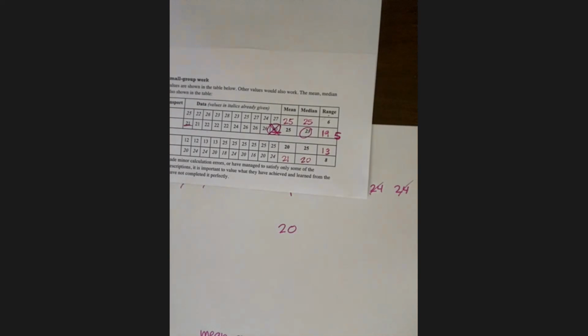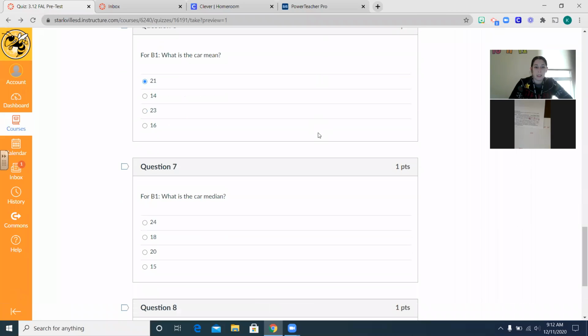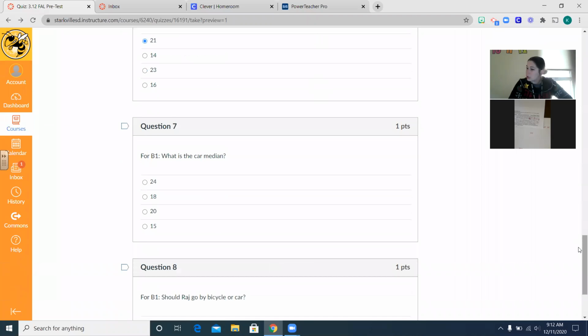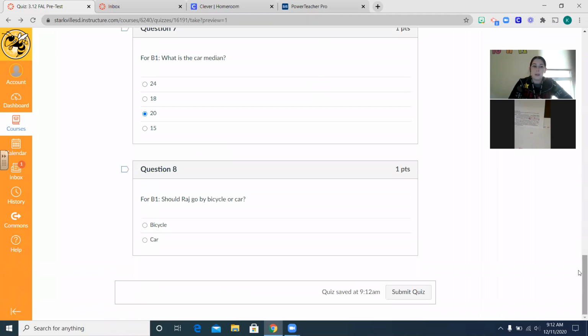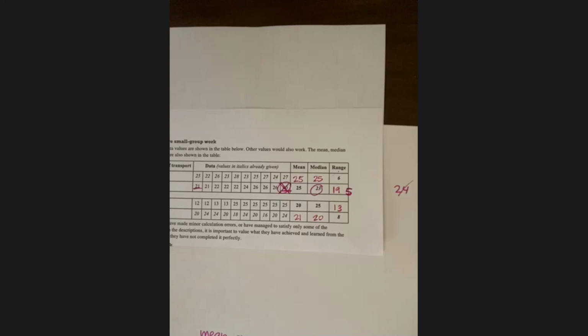Okay, so let me share my screen one more time. We're almost done, guys. So I want to answer. The median we said was 20. Okay. And so the last question is, should he go by car or bicycle? Let's look at the numbers.